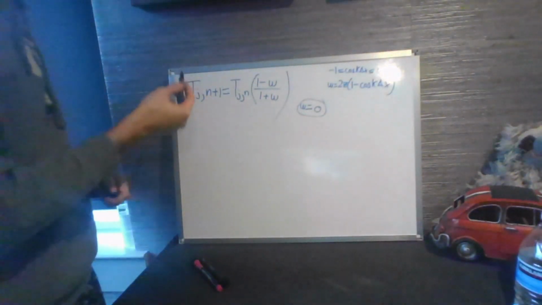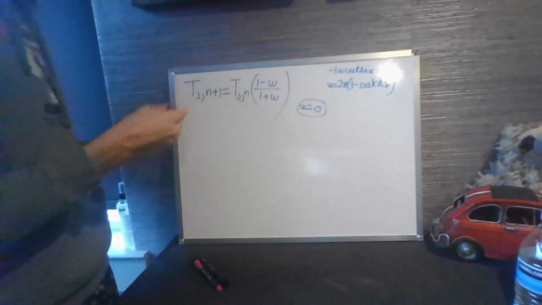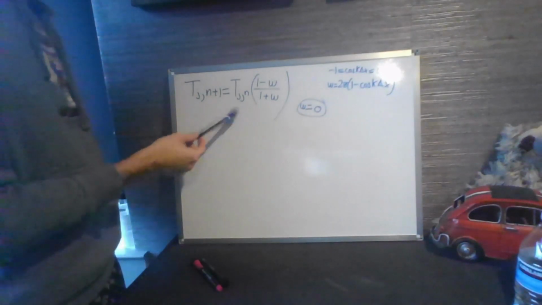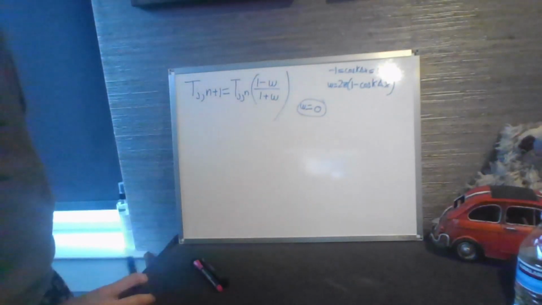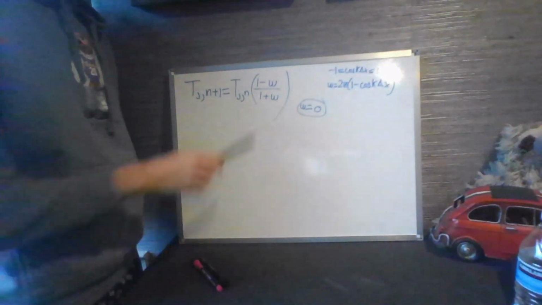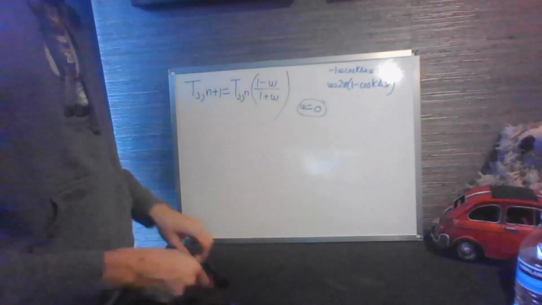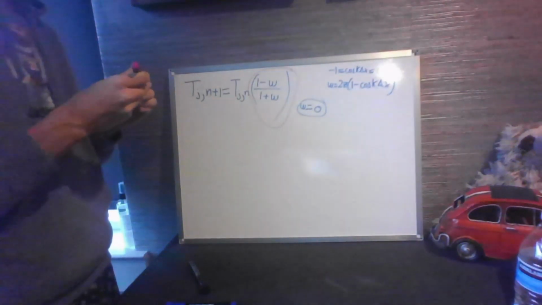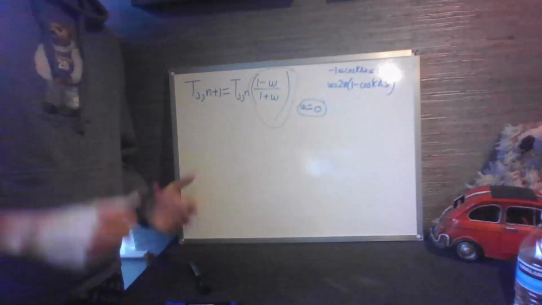So that we get the temperature at the following time step is equal to the temperature at the current time step. However, the key thing to notice here is that this expression 1 minus omega over 1 plus omega is never going to be greater than 1.